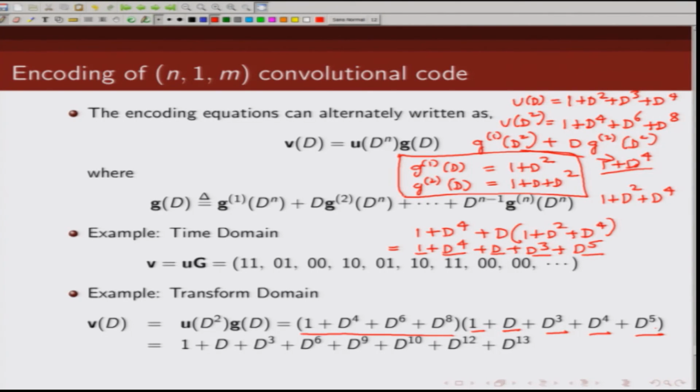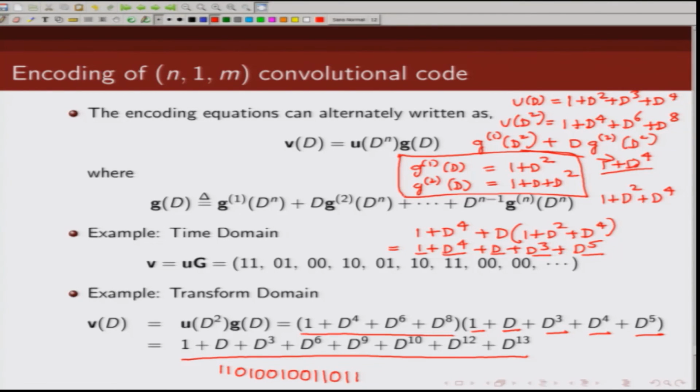Okay. So, this is our g(d). Now, if we multiply all of them, what we get is this, and we can write this. What is 1? 1 is 1, d is this, d square is 0, d cube is 1, d4 is 0, d5 is 0, d6 is 1, d7 is 0, d8 is 0, d9 is 1, d10 is 1, d11 is 0, d12 is 1, d13 is 1. So, this is our output sequence.